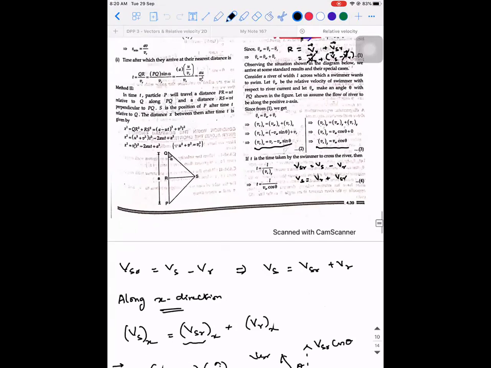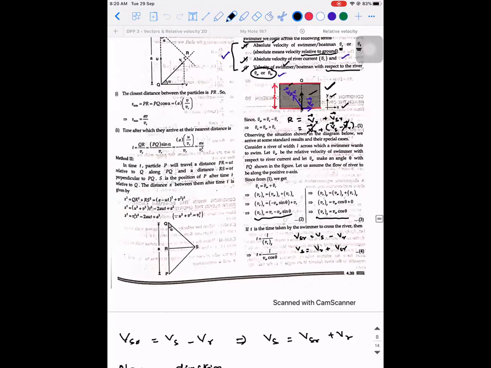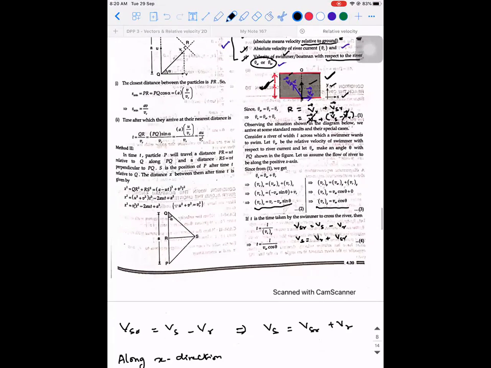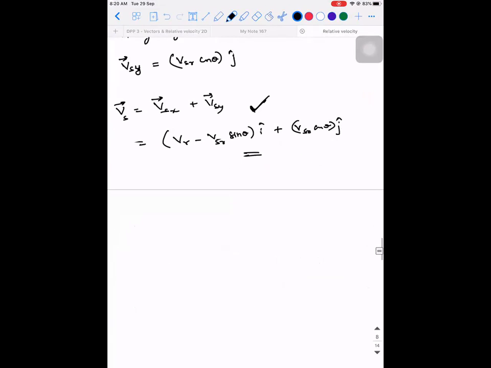If I say the time is t and the person will be able to reach the other end by covering a width of how much value? Yes or no? Yes, sir.